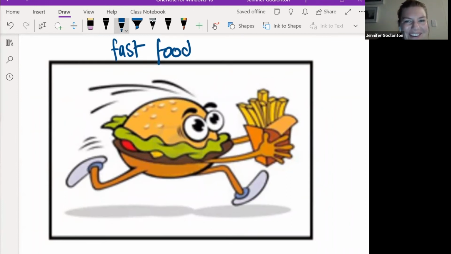Fast food. Guys got that too quickly. Okay, last one. I also think you'll find quite nice and easy, but we'll see. You ready?